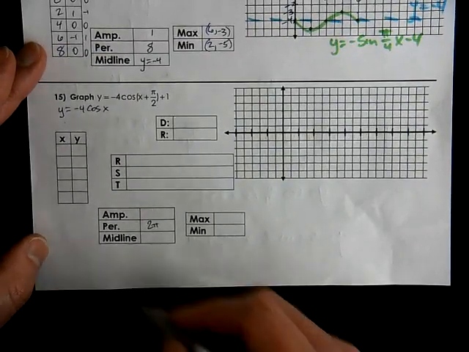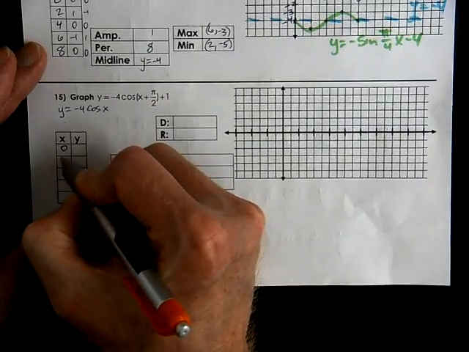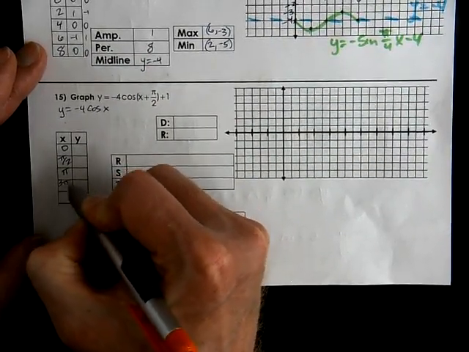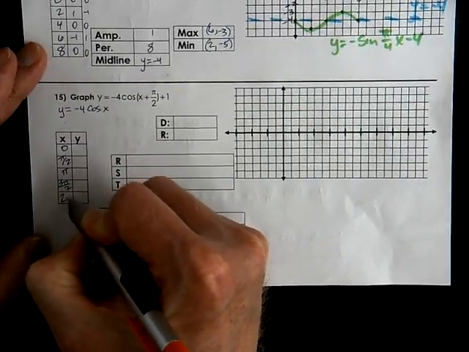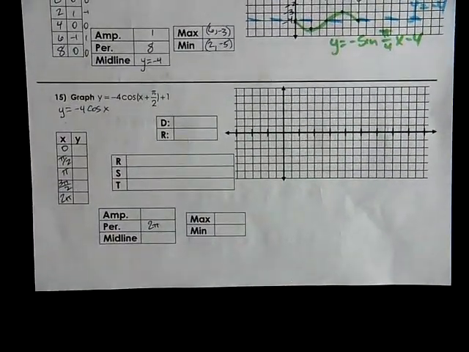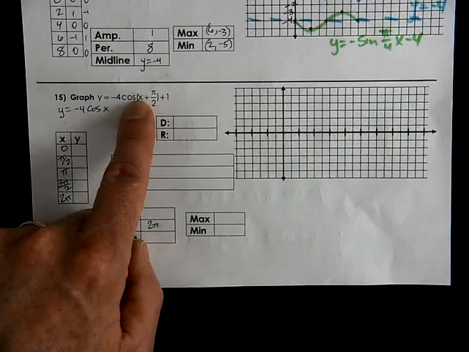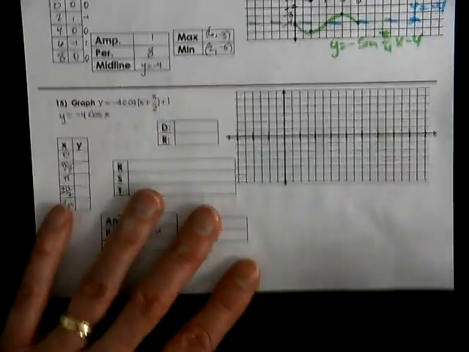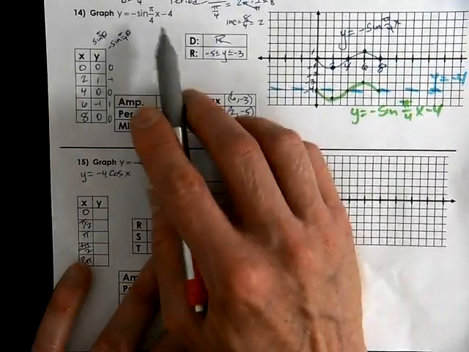And divide that by 4, that's pi over 2. So 0, pi over 2, pi, 3 pi over 2, and 2 pi. It's the normal scale when the b value is 1.